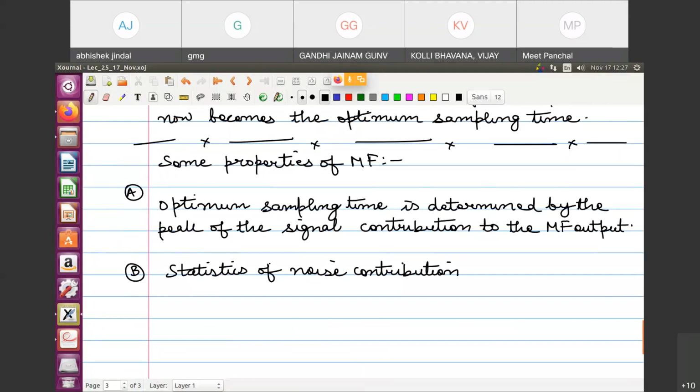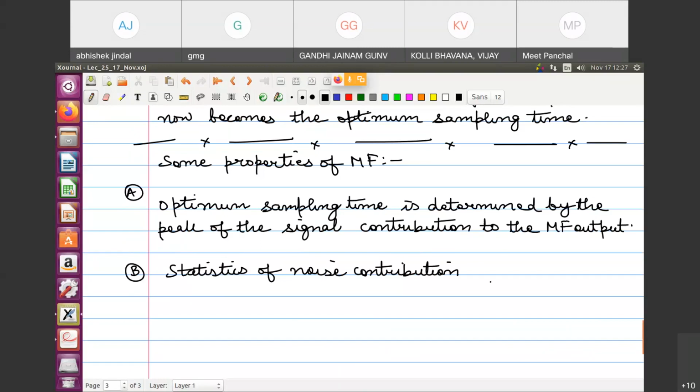We don't want that. So we take the instantaneous power of the signal and divide it by the expected power of the output, that is, the variance, because this will give you one possible number. Otherwise, for several different sample functions, you will get different SNRs, and there is no way you can define a fixed thing, because a receiver cannot be random. It needs to do some fixed operation.